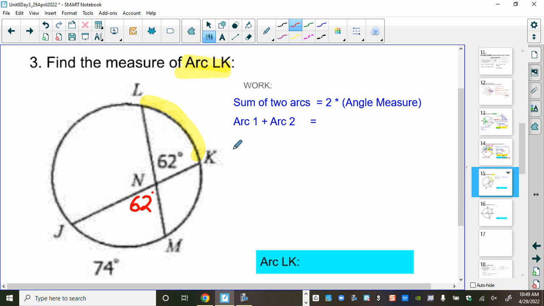Now, how do you want to label your arcs? So you have your angles, JM. Okay, so is that going to be arc 1 or arc 2? Arc 2. Okay, we can make that arc 2. That's fine. So we can make arc LK arc 1.